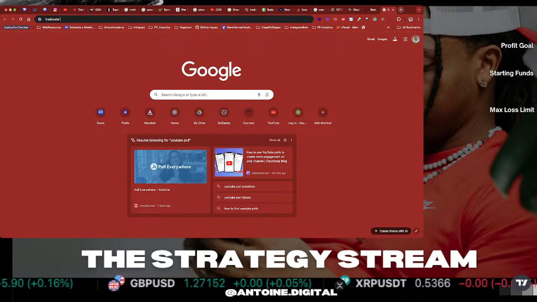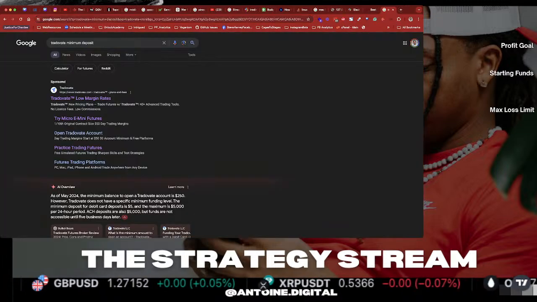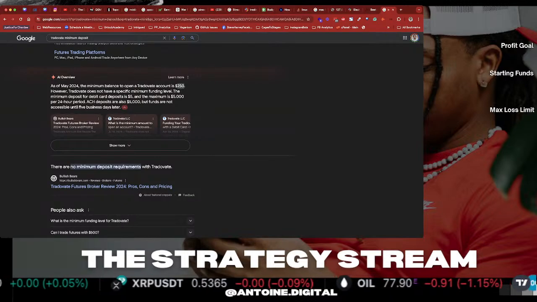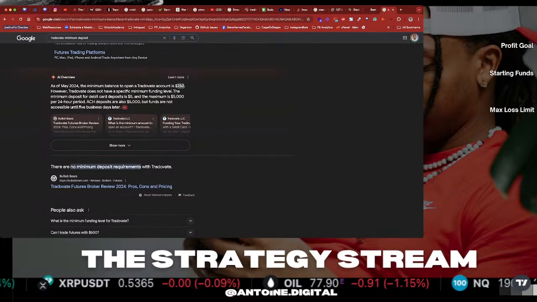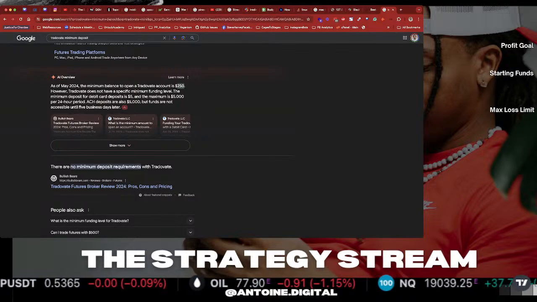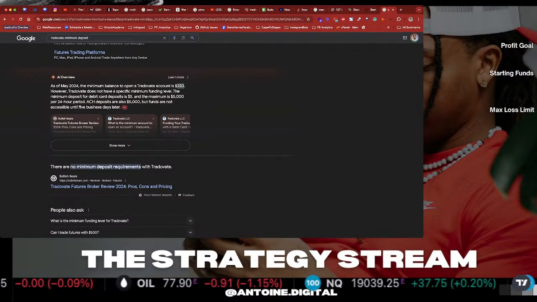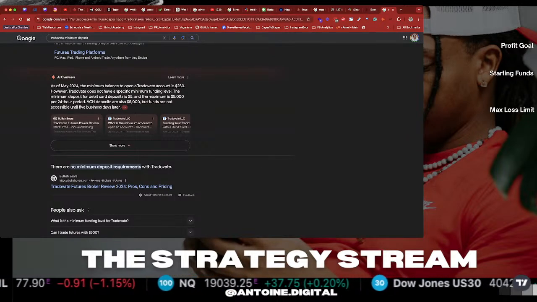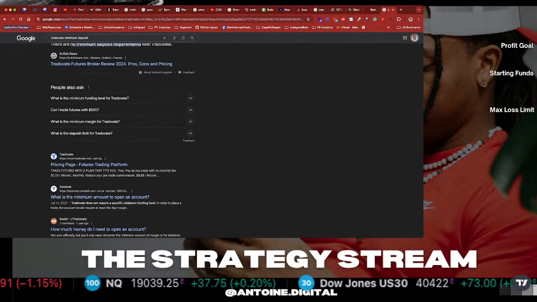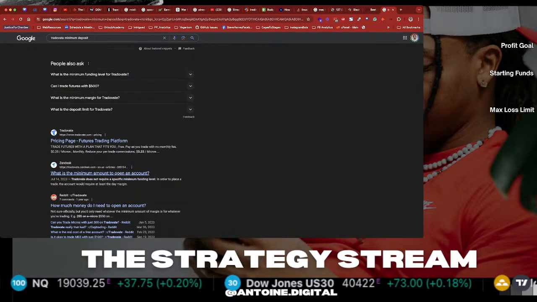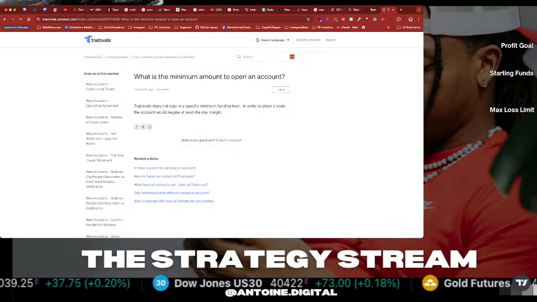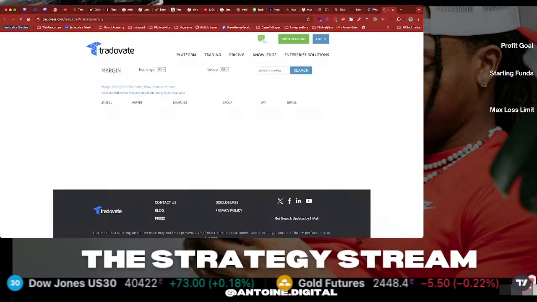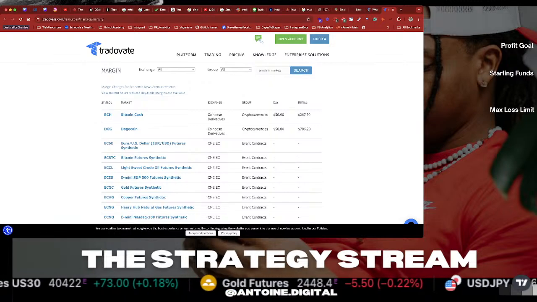TradeOvate minimum deposit. $250 minimum deposit for TradeOvate. However, TradeOvate does not have a specific minimum funding level. The minimum deposit for debit card deposits is $5. The maximum is $5K. You need at least a day margin.